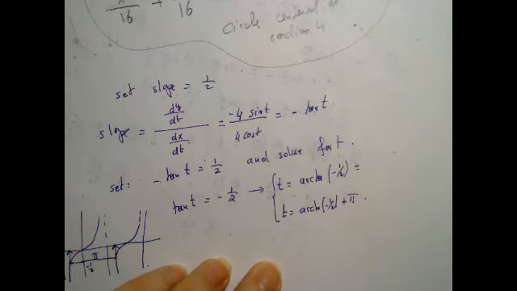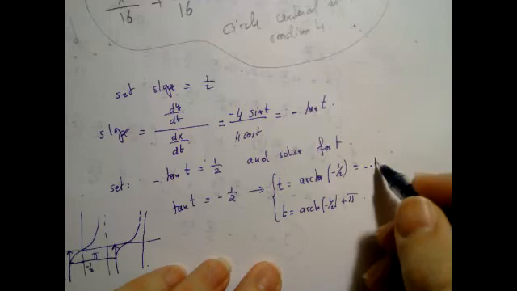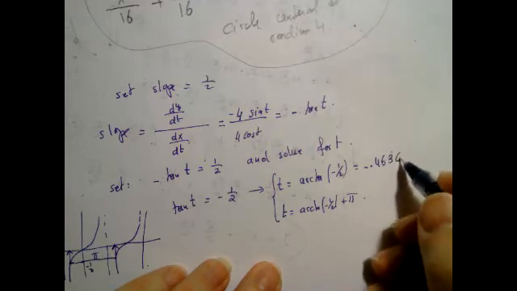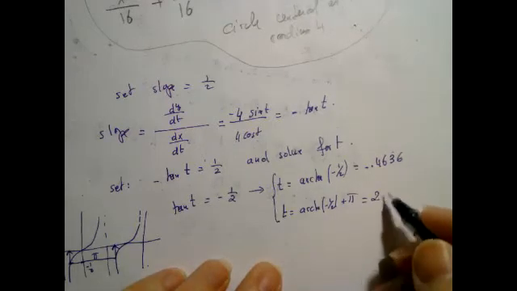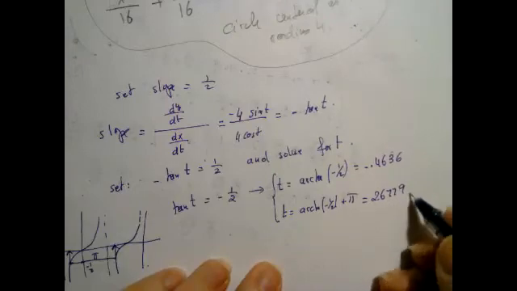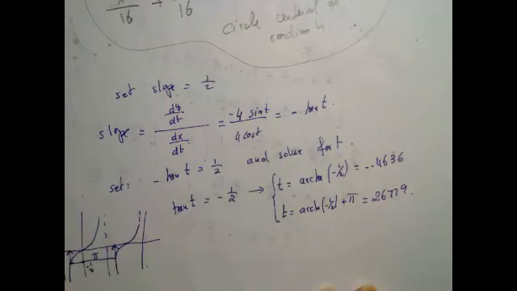So I will have tangent inverse of minus 1/2, so I'm going to have minus 0.4636, that's one value. And then I'm going to add pi to it. And then I will get 2.6779. Okay, those are the angles.